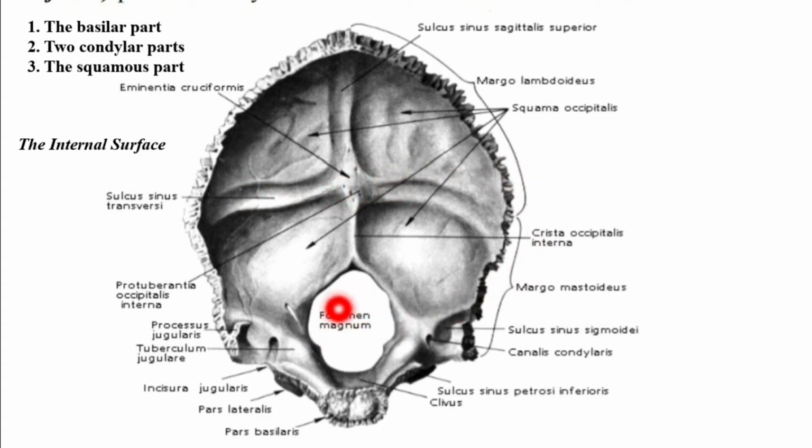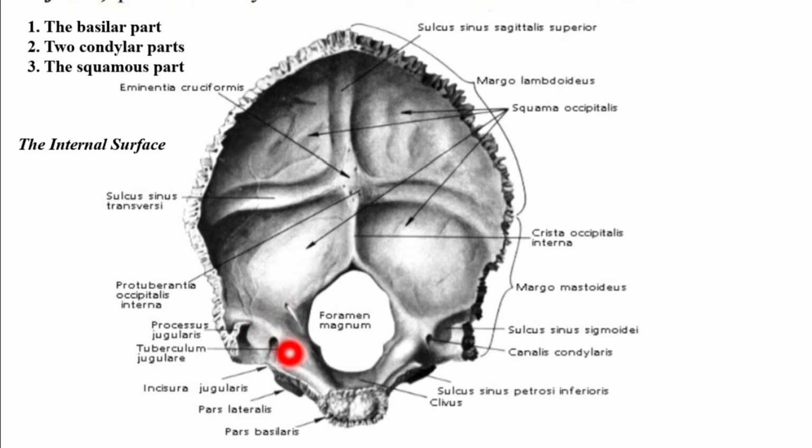Then here you have your foramen magnum, and then the margins are very important. Margo lambdoideus, this margin, and this margin is margo mastoideus, articulating with the mastoid part of the temporal bone, but we'll talk about it later. Right, and you can see the basilar part down there, pars lateralis, jugular notch, tuberculum jugulare, right?